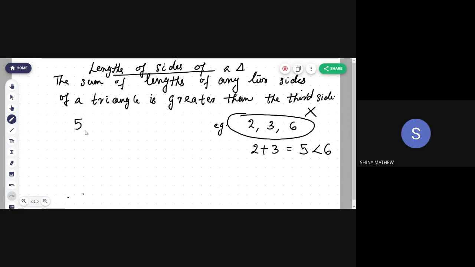Then you write this example: 5, 7 and 4.